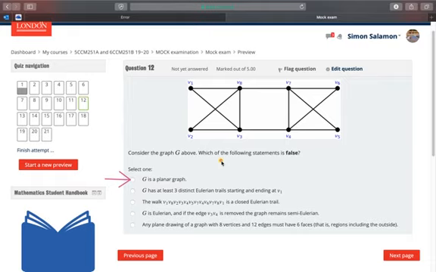Now, G has at least 3 distinct Eulerian trails starting and ending at V1. So what is a Eulerian trail? An Eulerian trail, it's one which covers each edge exactly once.